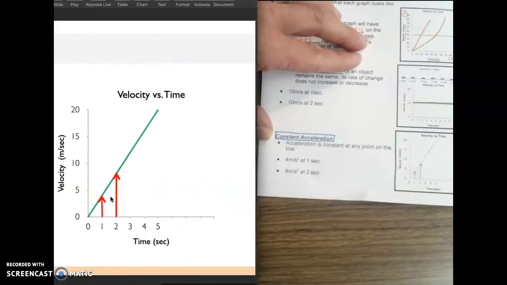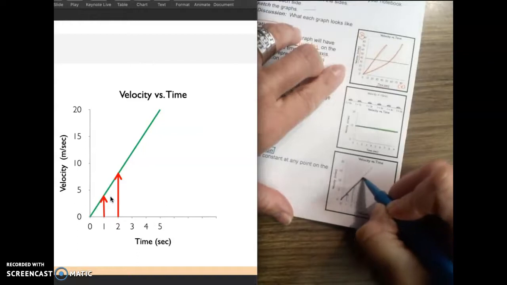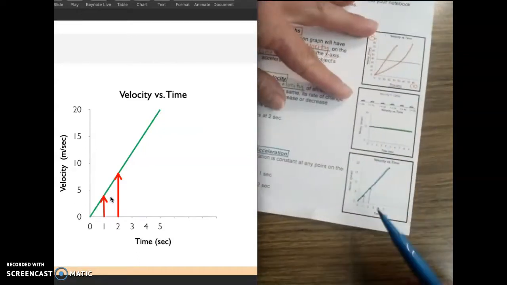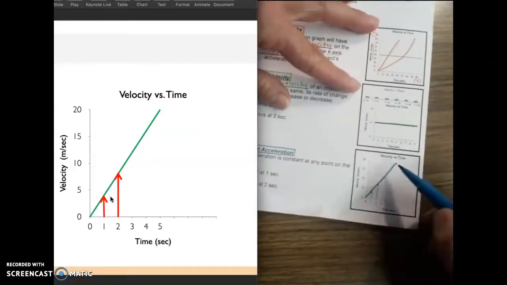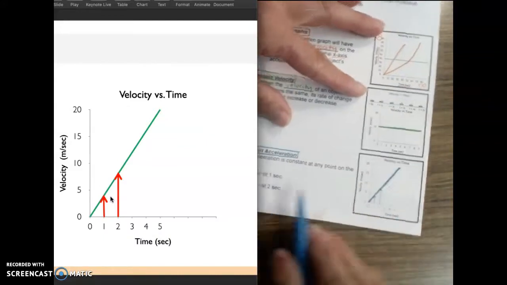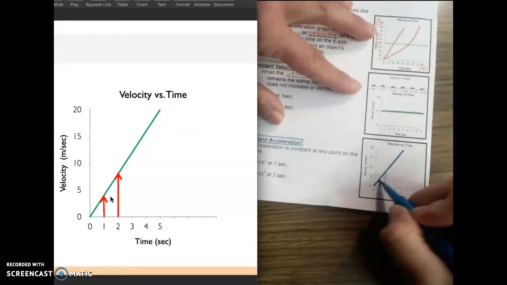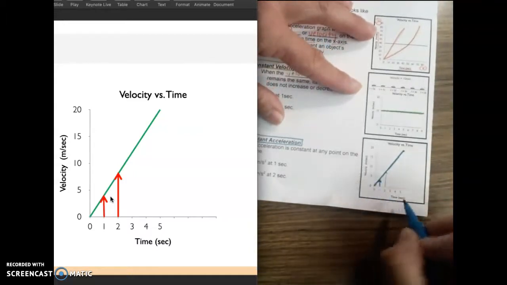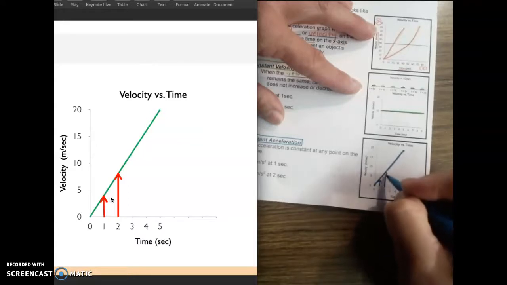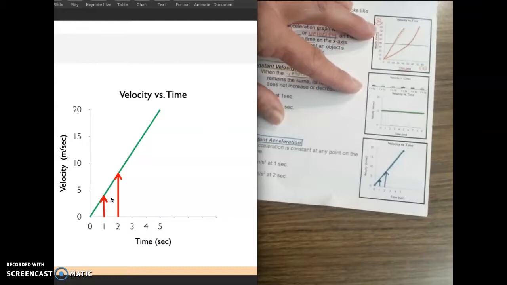If you look at the graph on that, as our graph is going up, we're seeing that the acceleration is constant. That means it's not changing, and we know it's not changing when we calculated and looked at the velocity and the time of the object. We saw that nothing was changing here. So that would be a constant acceleration.